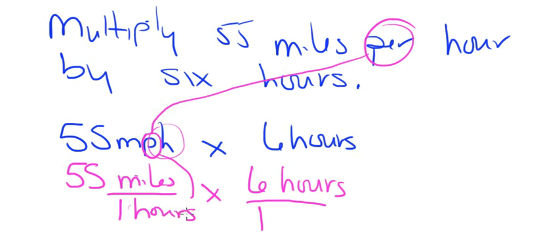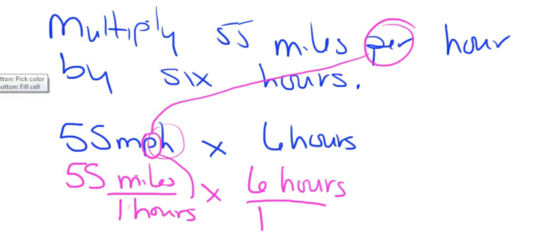Do you see how the hours are going to cancel out? Does that make sense to you? If you don't understand why the hours cancel out, raise your hand and tell me why you don't understand. Are you looking at the problem? Let me ask you a question, Wyatt.